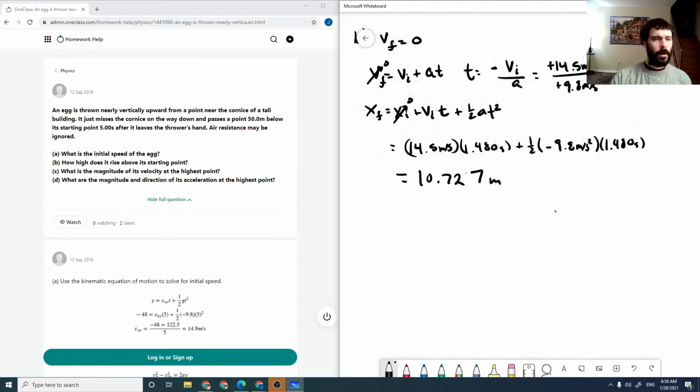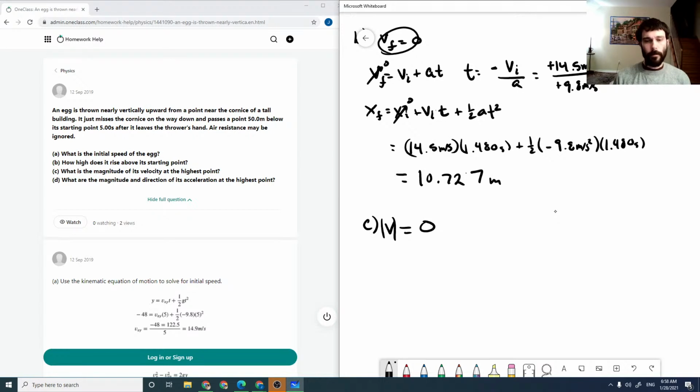Okay. So then the next couple questions are kind of funny. So the magnitude of its velocity at the highest point, well, we assumed it was 0 to solve it, and it would be because that's its turning point.